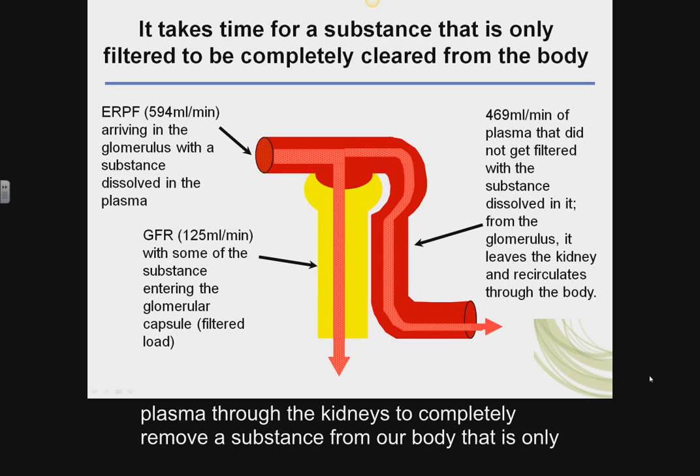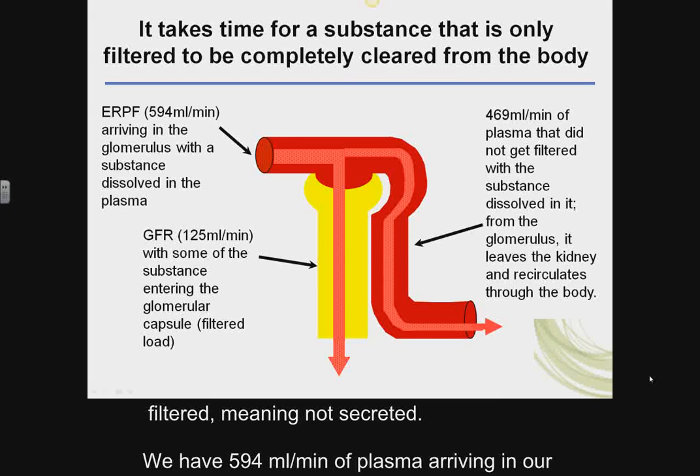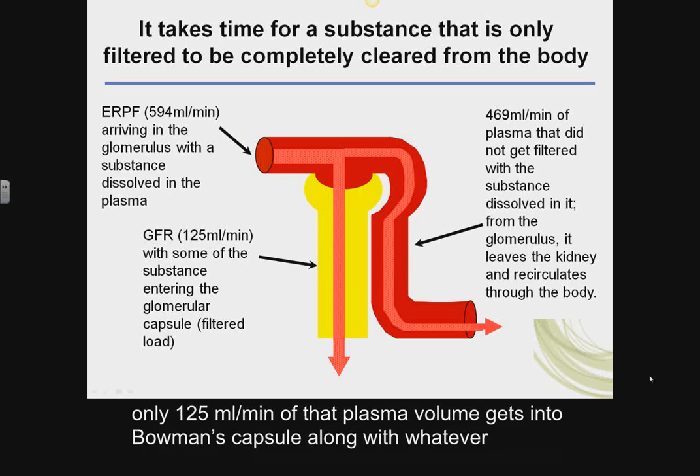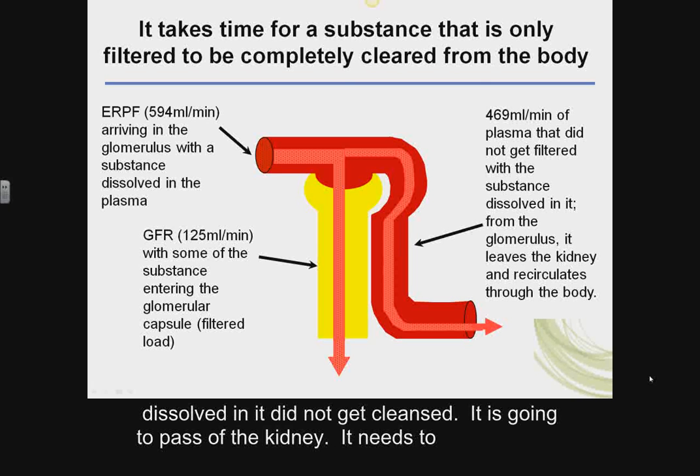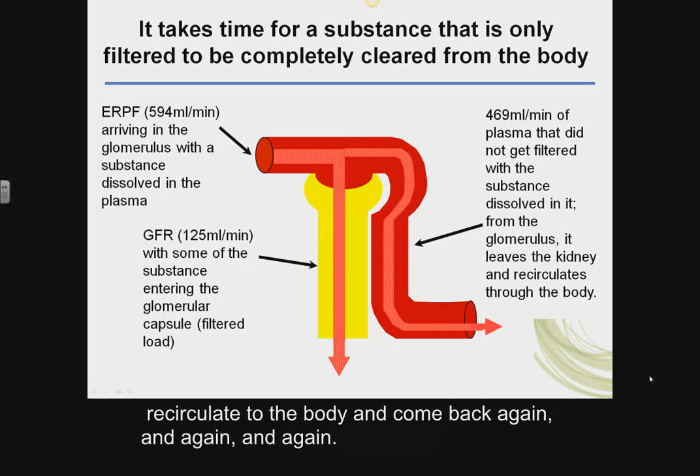We have 594 milliliters per minute of plasma arriving in our glomeruli, but only 125 milliliters per minute of that plasma volume gets into Bowman's capsule along with whatever substances are dissolved in it. That means that 469 milliliters per minute of plasma with that substance dissolved in it did not get cleansed, filtered. It is going to pass out of the kidney. It needs to recirculate to the body and come back again and again and again.